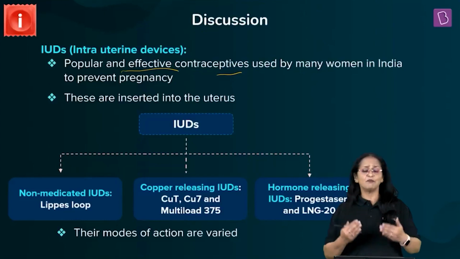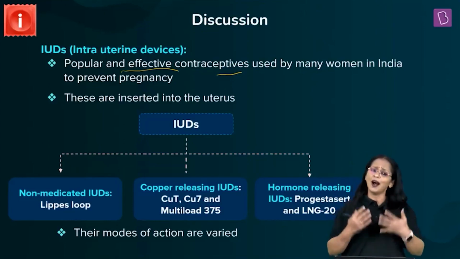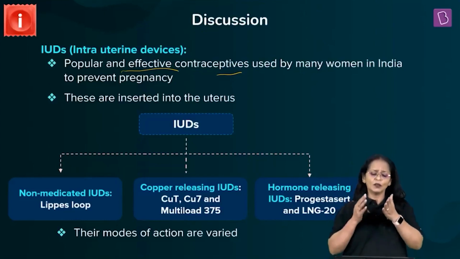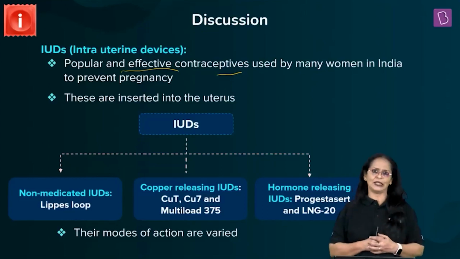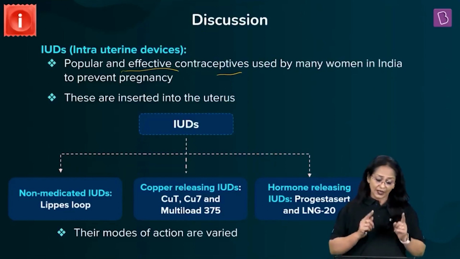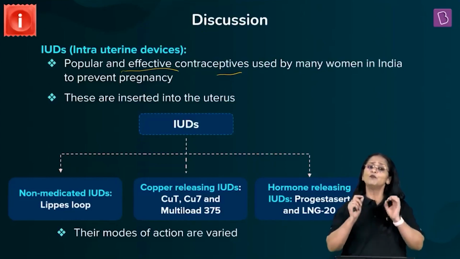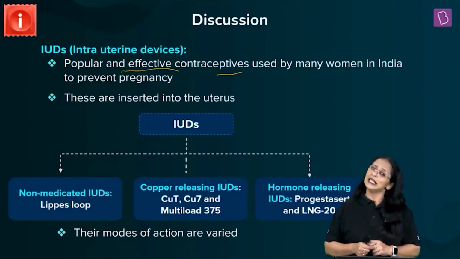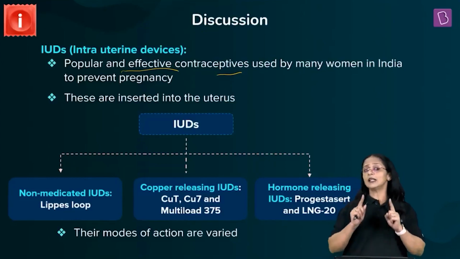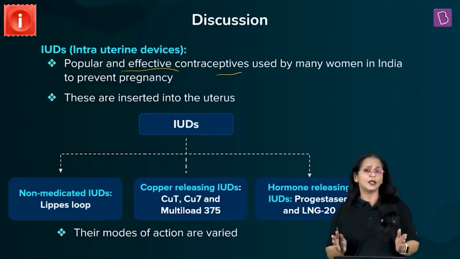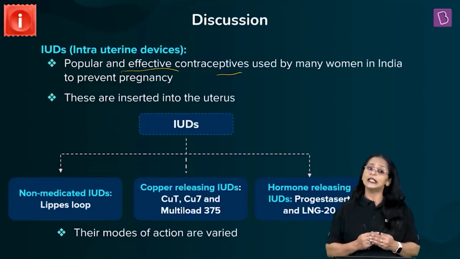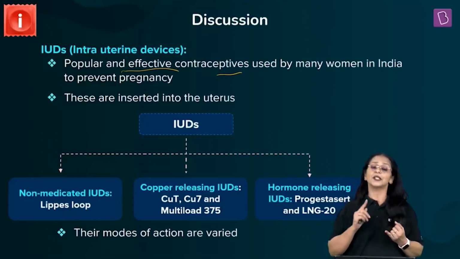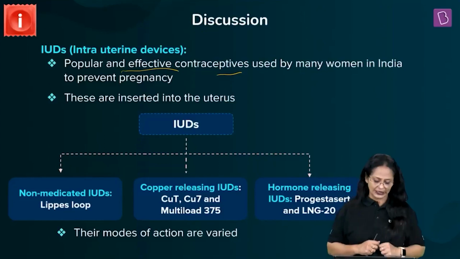Now, contraceptive methods or birth control methods are methods where a couple can use it to prevent a pregnancy or delay a pregnancy or plan a pregnancy, space out pregnancies. And IUDs are one of the most commonly used methods in India. Again, these are inserted into the uterus. It cannot be done by the woman herself. It has to be done under the guidance of a medical practitioner, such as a doctor or an expert nurse.